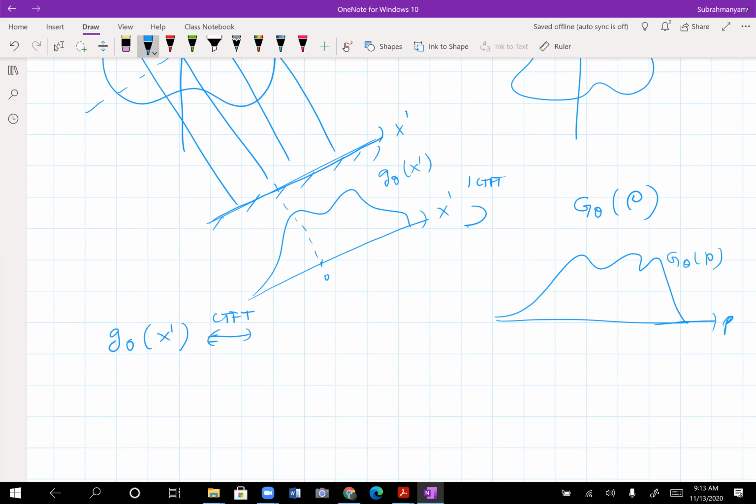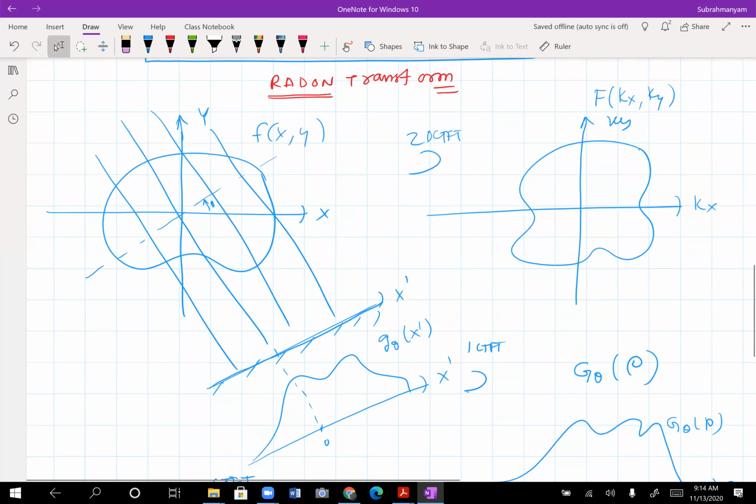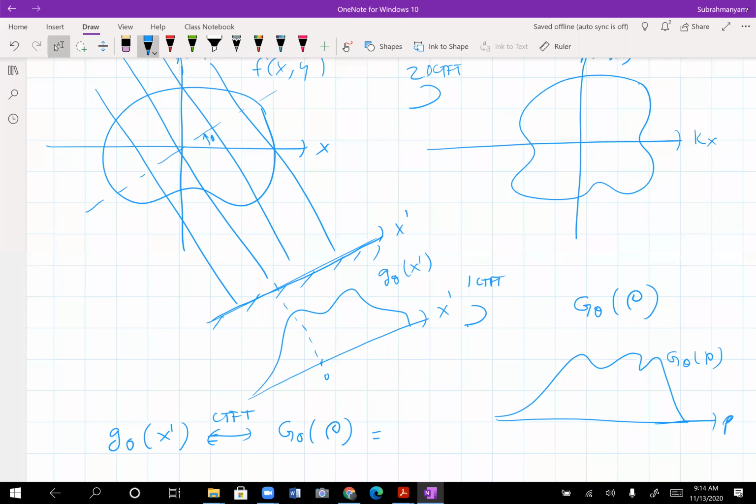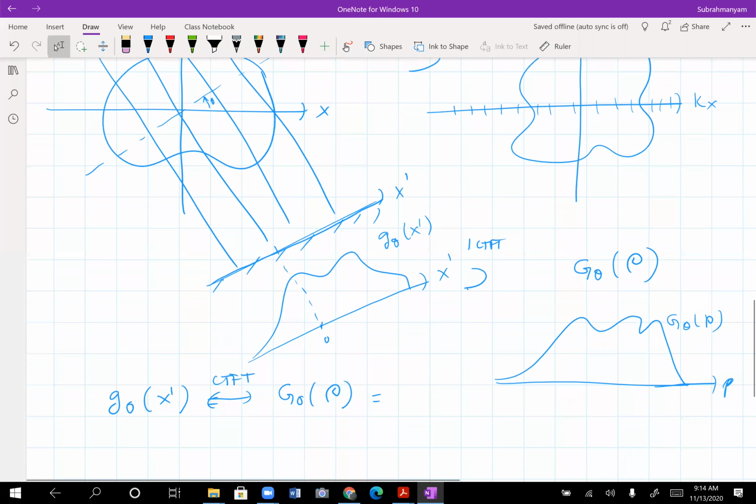Let's call it G0 of rho, for varying rho. What did I get there in terms of F of kx, ky? Hope you all remember that. This would correspond to what we got along the kx axis, is it not?